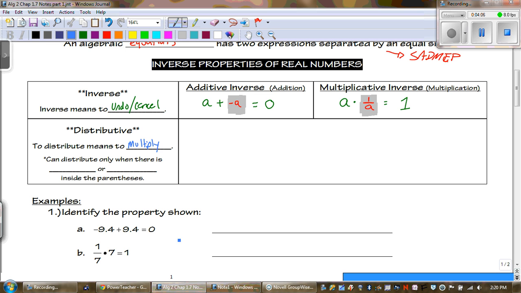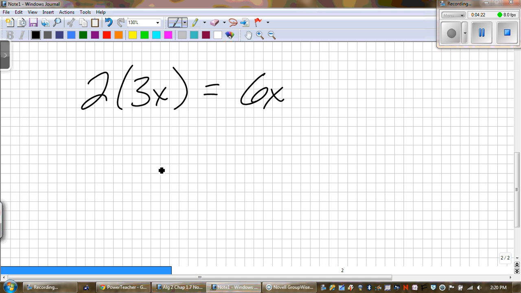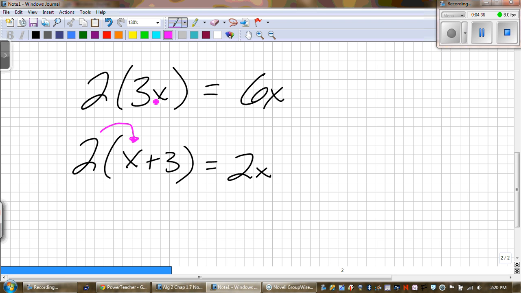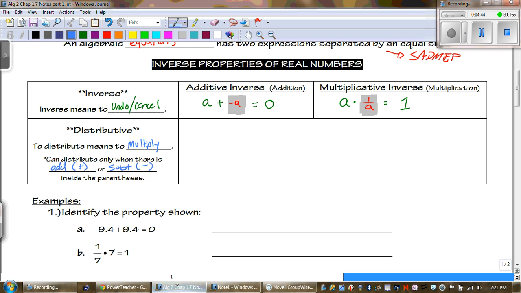Okay, but now you can distribute only when there is addition or subtraction. Okay, and an example like that where there's addition or subtraction would be 2x plus 3. Okay, because now we have to multiply the 2 times the x to give us 2x. 2 times 3 gives us 6. Okay, so that's distributing.